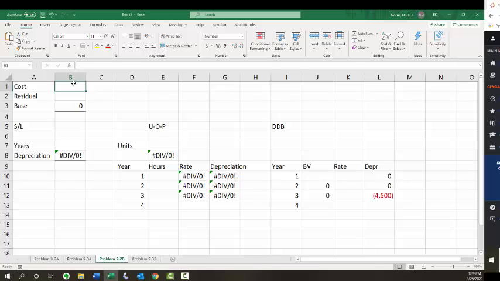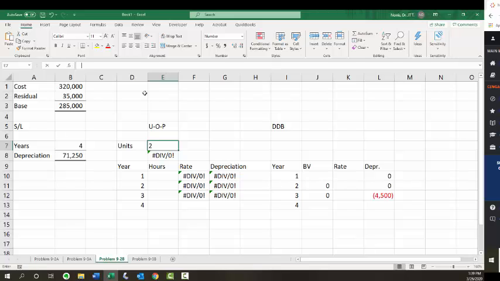So the cost of the equipment is $320,000. We are going to have a residual value of $35,000, giving us a depreciable base of $285,000. Straight line depreciation over 4 years equals $71,250.